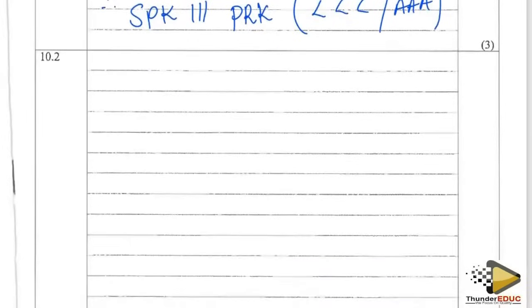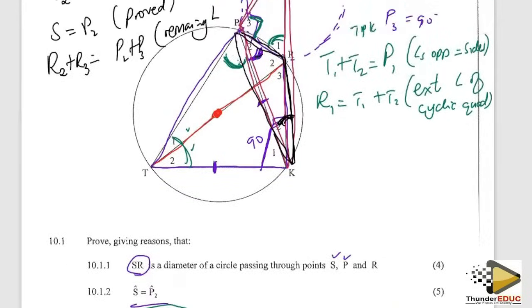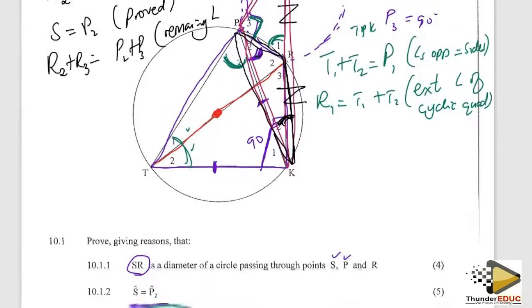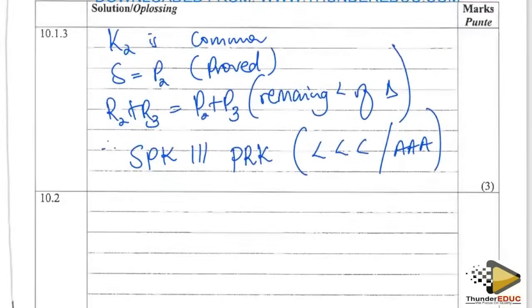10.2. It's further given that SR is the same as RK. At this angle, so that side is the same as this side. It's disorganized, but it's given, use a clean one.